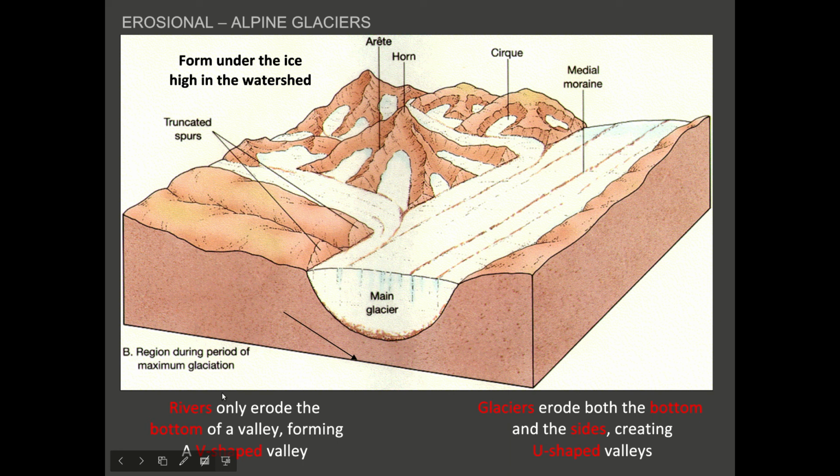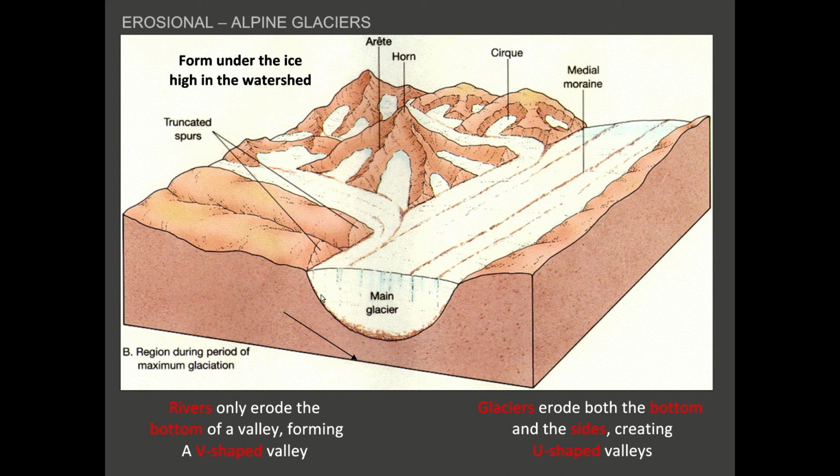It's important to note that rivers only erode the bottom of the valley because they flow to the bottom, and they form V-shaped valleys, whereas glaciers erode both the bottom and the sides, creating U-shaped valleys. You can see the U here, and also all of these are U-shaped. U-shaped valleys have steeper sidewalls than a V-shaped valley.